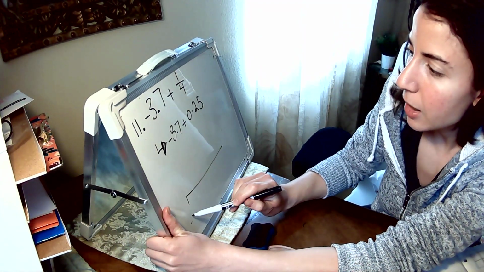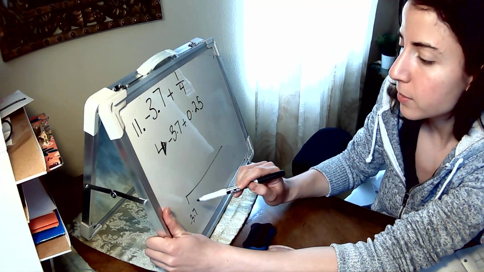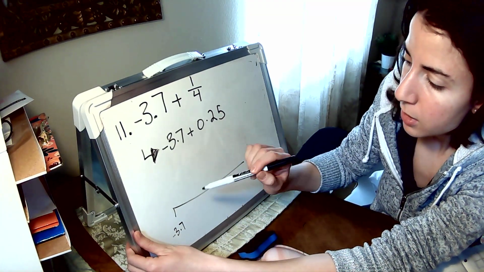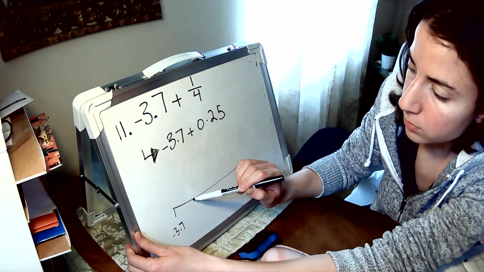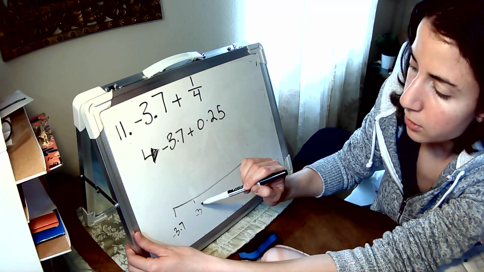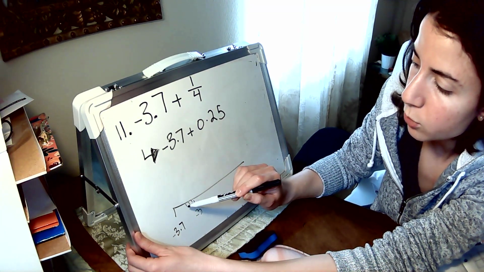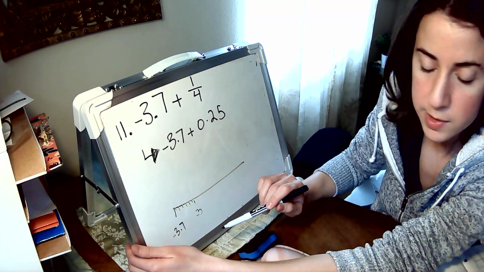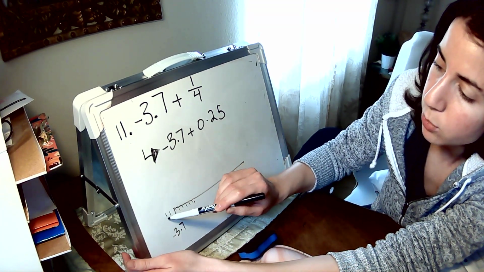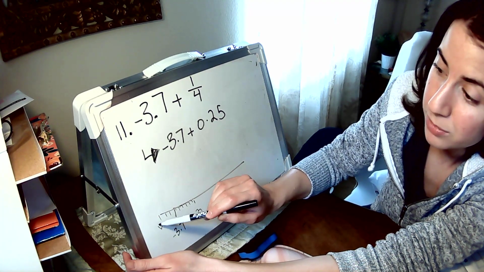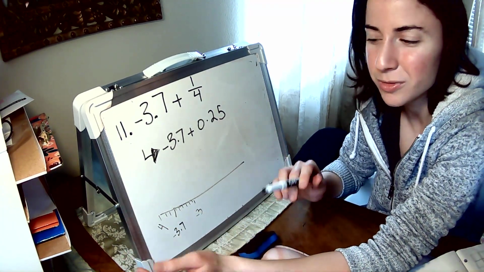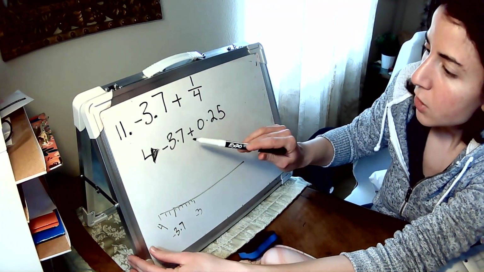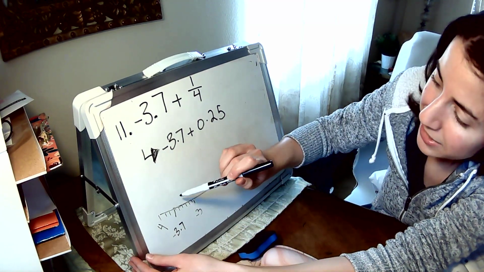Imagine you're at negative 3.7, which is like, let's say here's negative 3, negative 3.1, 3.2, 3.3, 3.4, 3.5, 3.6, 3.7. That's 3.7. And then 3.8, 3.9, and then 4, just to really show you what's decimal, right?